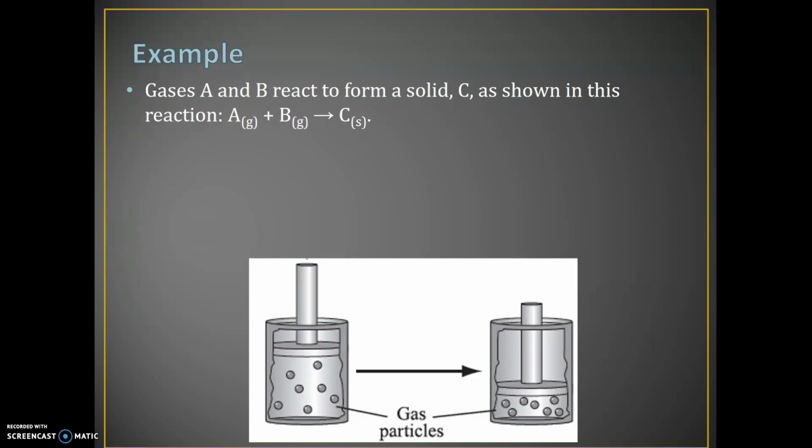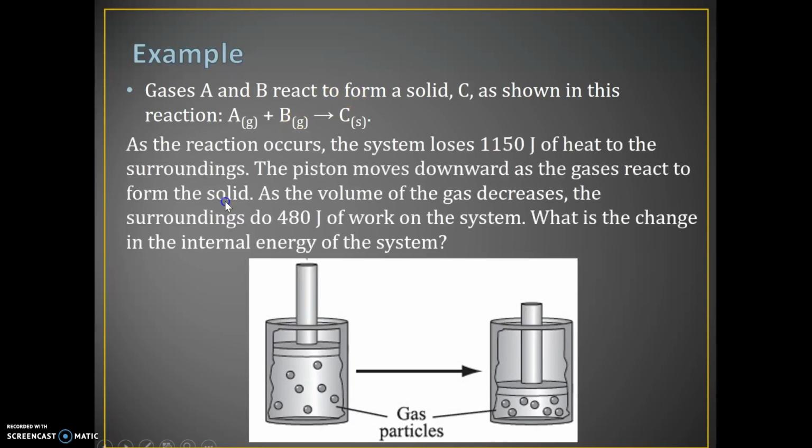So let's do an example. You have gases A and B reacting to form solid C in this equation. As the reaction is occurring, the system is losing 1150 joules of heat to the surroundings. The piston is moving downward as the gases react to form the solid.